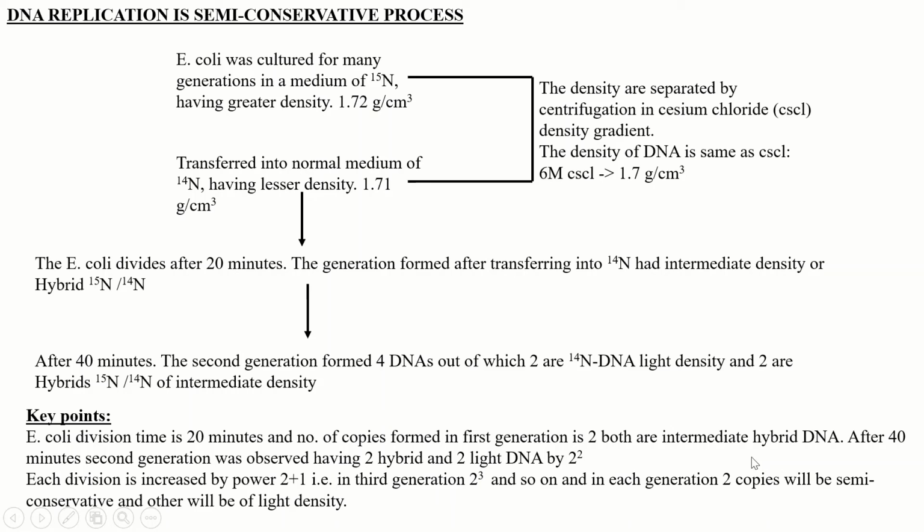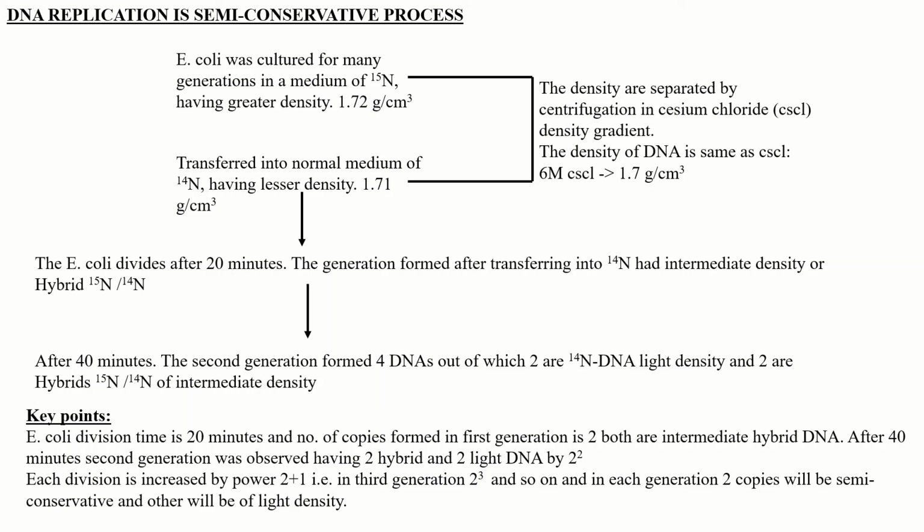Now after 40 minutes, what we had seen is that they were having 2 hybrids and 2 light DNA, which is increased by 2 to the power 2. That is, now in the second generation 4 strands are formed, okay, out of which 2 are hybrid and 2 are of light DNA or lighter density.